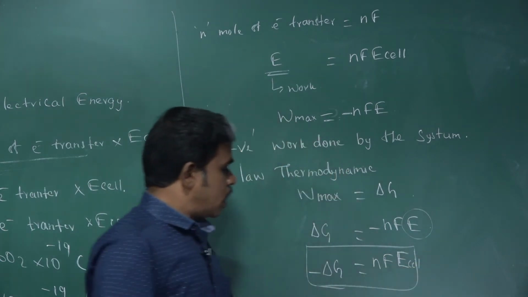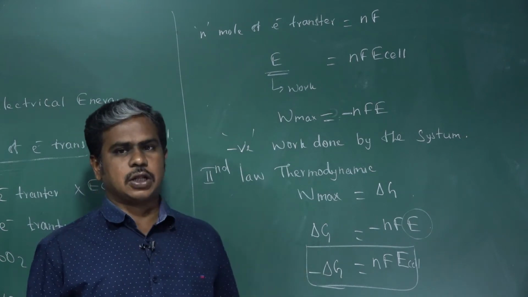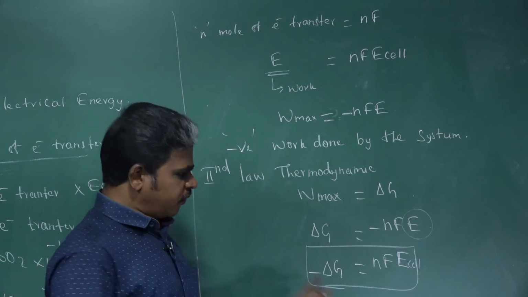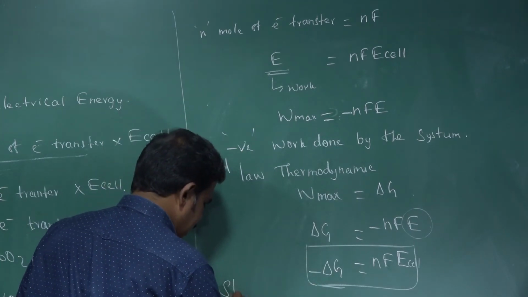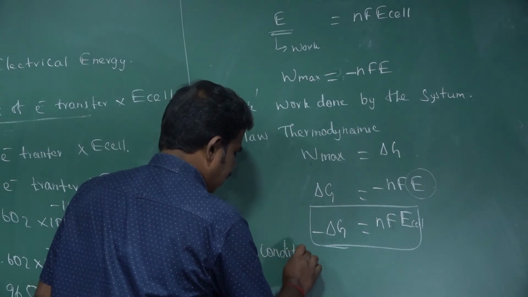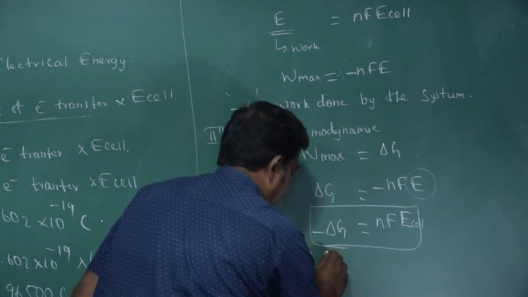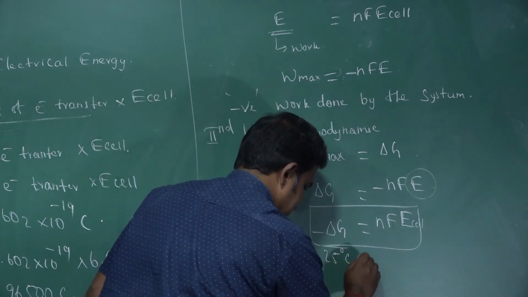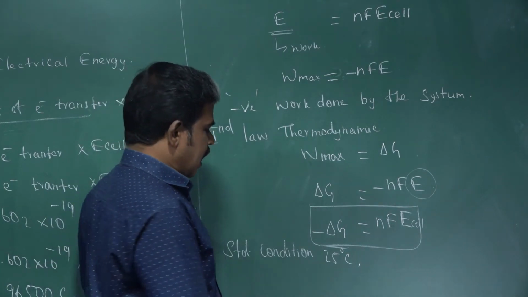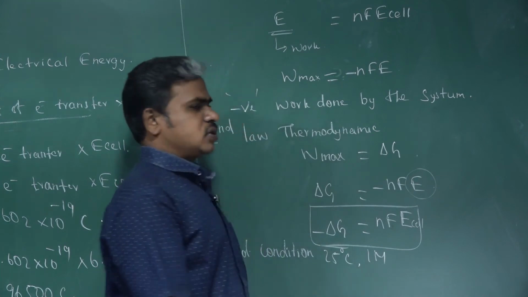If the EMF of a cell is positive, then delta G is negative, and the cell reaction is spontaneous. Now the standard condition: the temperature is maintained at 25 degrees Celsius, and the concentration is taken as 1 molar.